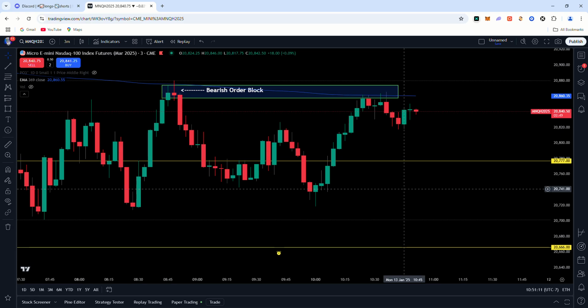If you can stay objective and look for the bullish order blocks, the bearish order blocks, the 369-day EMA, the equal highs, the equal lows, and you put all of those things together, you have multiple reasons why you should take your trade. You have extra confidence into why you should take your trade, and that's how it works together.